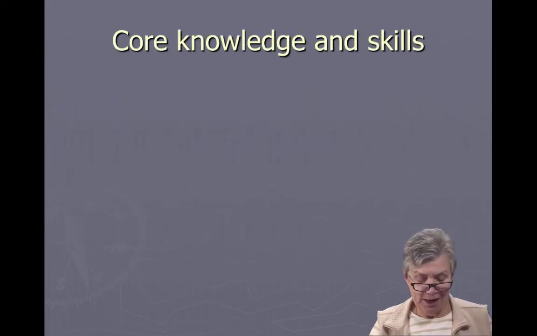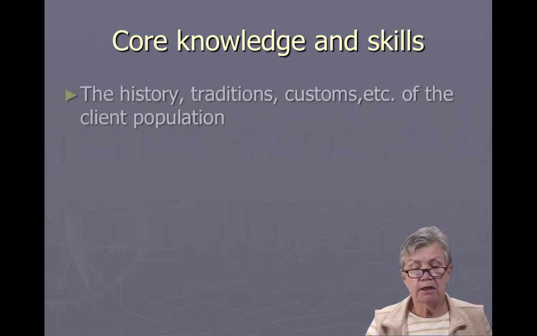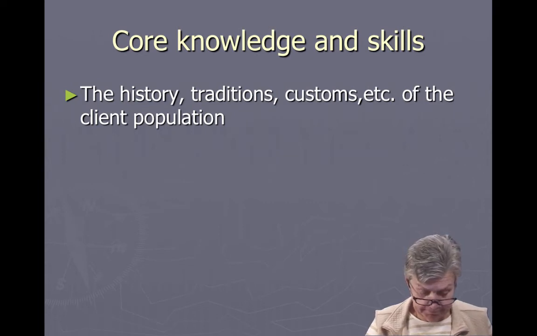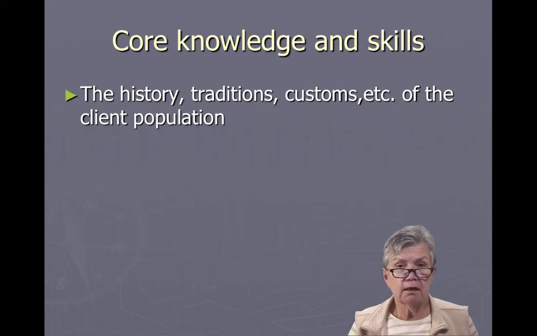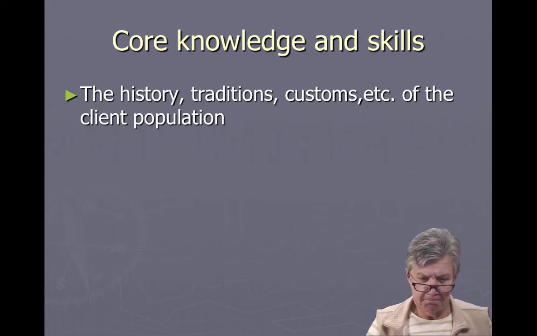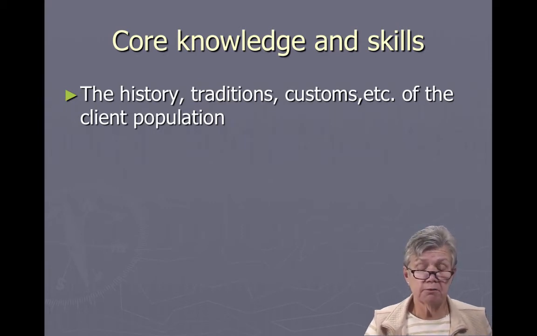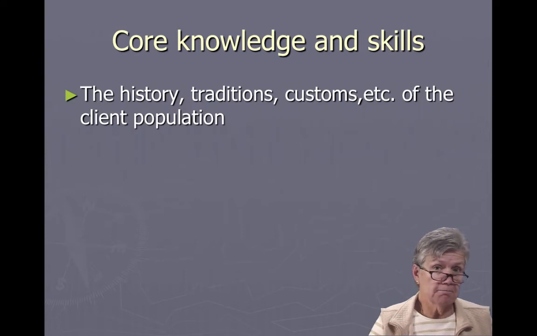So, what are the core knowledge and skills? The history, traditions, customs of a client population. We are getting more diverse in Maine. If we're working with the First Nations people, we need to know what some of the history is in the treatment of Maine citizens.